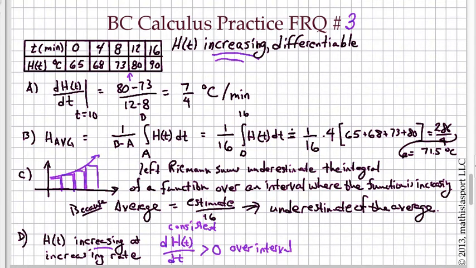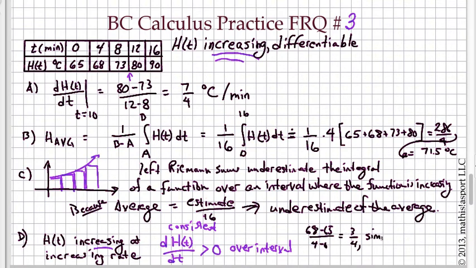Is there anything about the data that would contradict that? Well, in order to figure that, we need to understand how dh/dt is changing over the interval. So if we were to estimate dh/dt based on the first two pieces of data, we'd get 68 minus 65 over 4 minus 0, or in other words, 3/4.